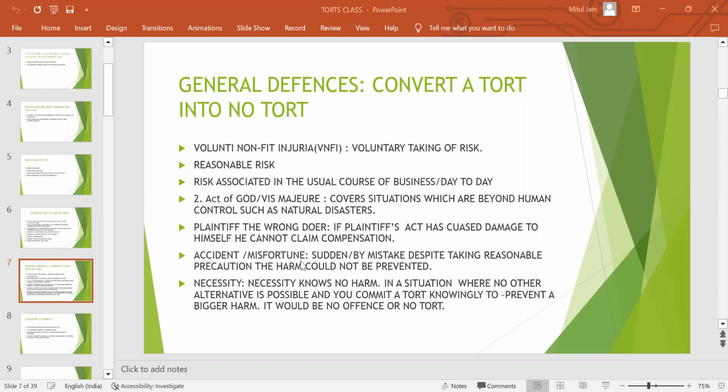Now, another situation is, can COVID be considered as an act of God? Yes, no, yes, no. Okay.